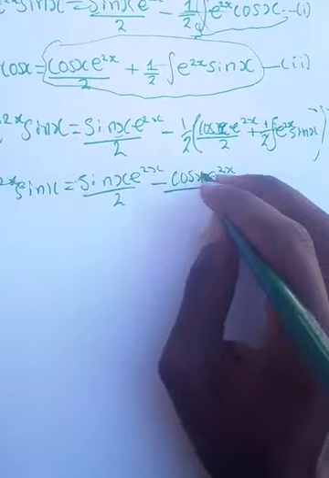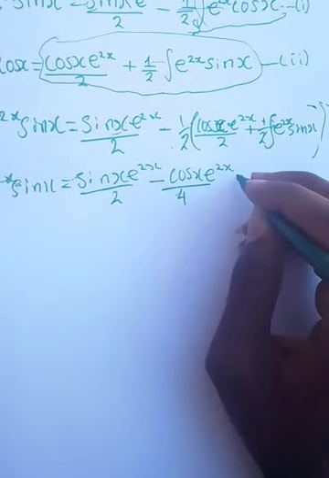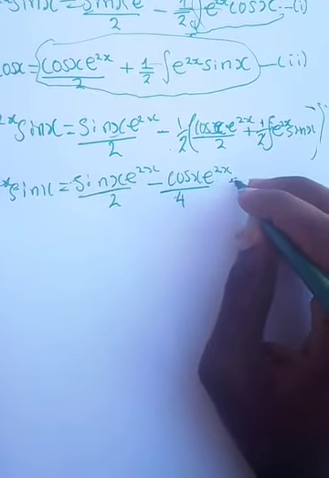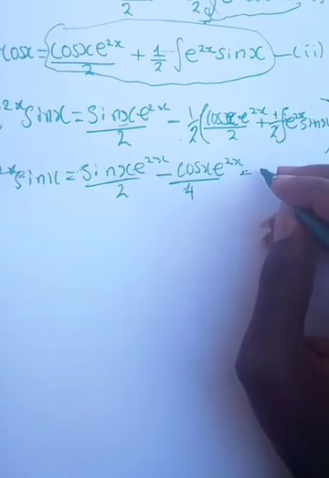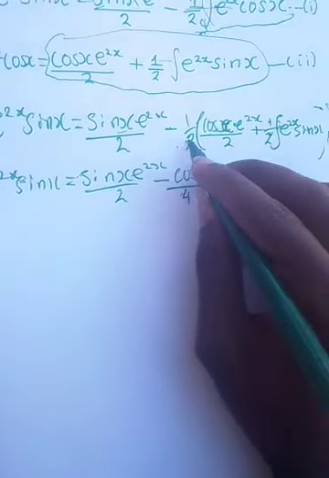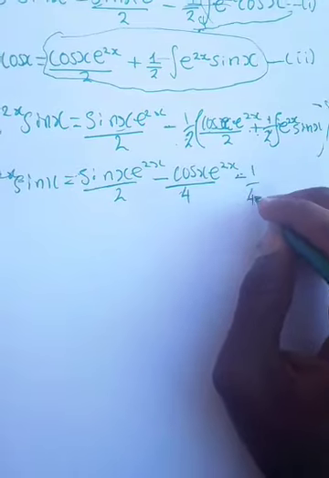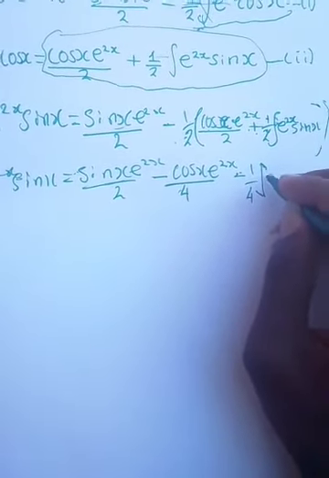This times this is going to give me a negative as well. And these two times this one here is going to give us 1 over 4 integral e^(2x) sin x.